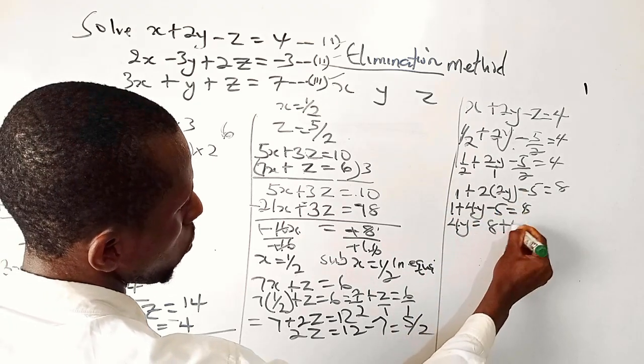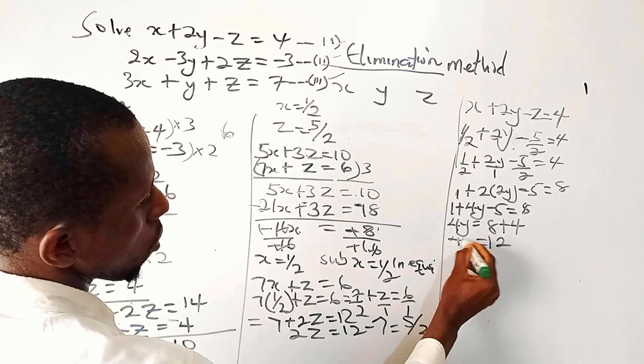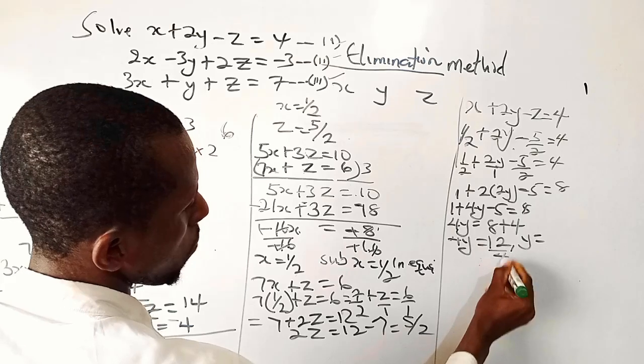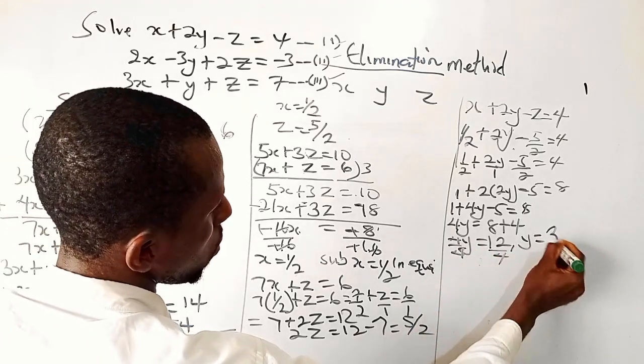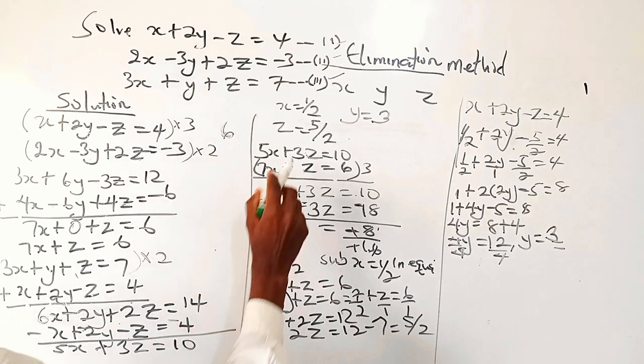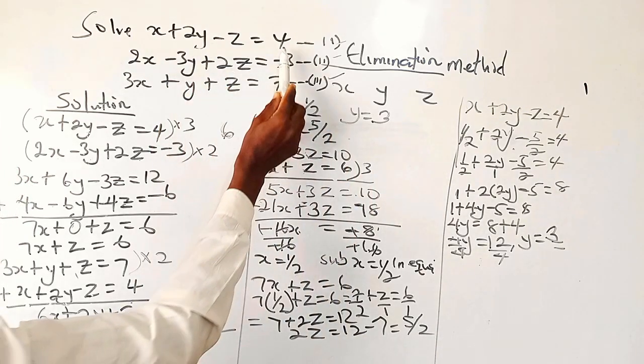When it crosses over, it turns to plus 4. I have it to be 12. So 4y equals 12. So that means the value of my y equals, when you divide both sides by 4, you have y to be 3.